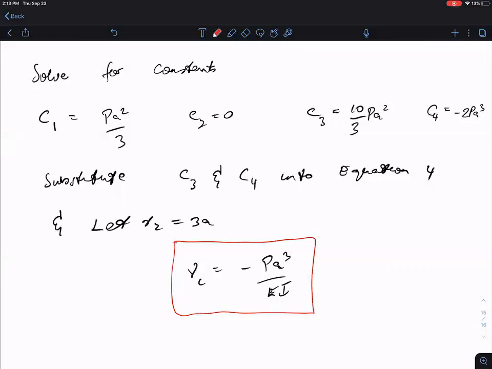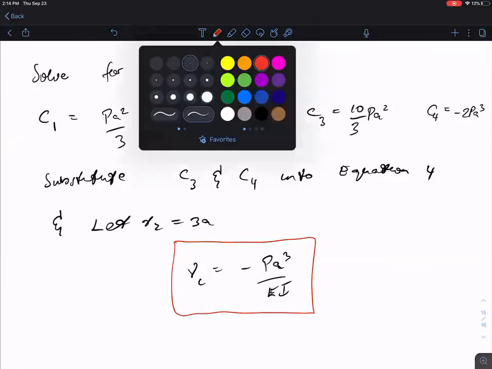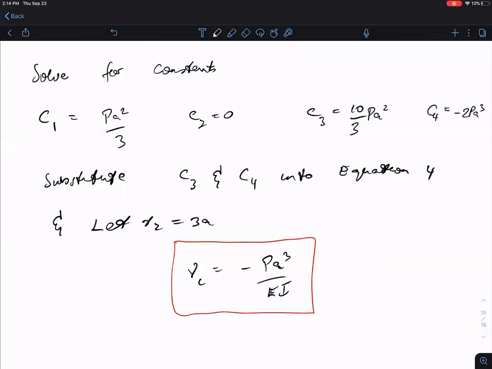Keep in mind, we can also compute the displacement at any location by just changing the value of x2 or x1, depending on which moment function or displacement function we use. We can also compute the rotation at any location.